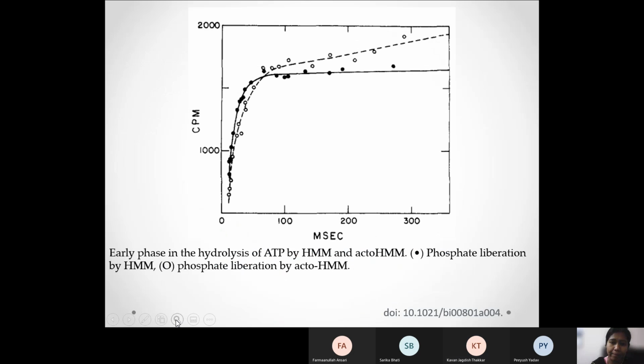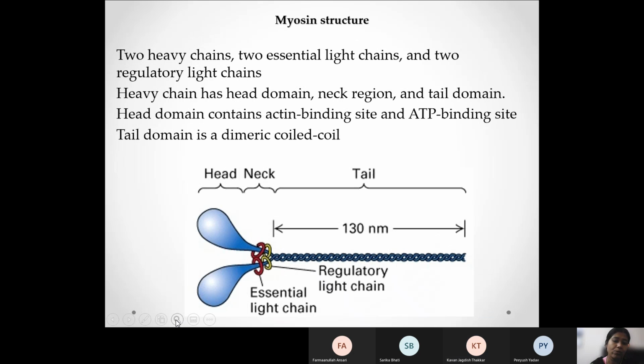We had also seen that certain activities are assigned to certain regions of myosin. The helical tail is responsible for forming oligomers or multimers of myosin. The two myosin tails can intertwine further and give rise to the myosin polymer.